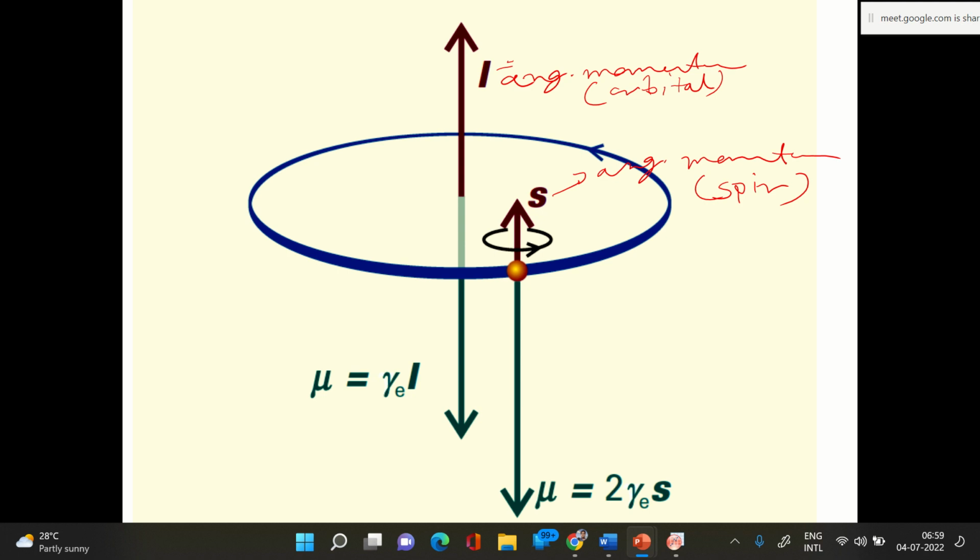So we are treating the electron as a tiny magnet. Each of these electrons behaves as a very small magnet.